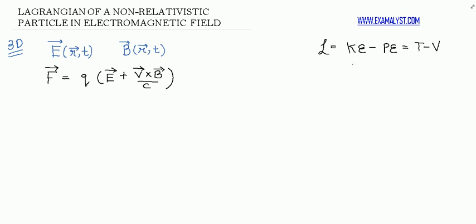Because when a particle is moving, the kinetic energy of a non-relativistic particle is half m v squared, but we don't know the corresponding potential V. Remember, this v is velocity and this V is potential. To remove the confusion, I'll write V as a function of r.